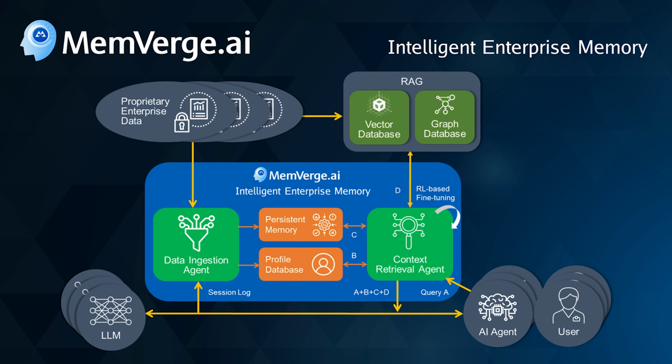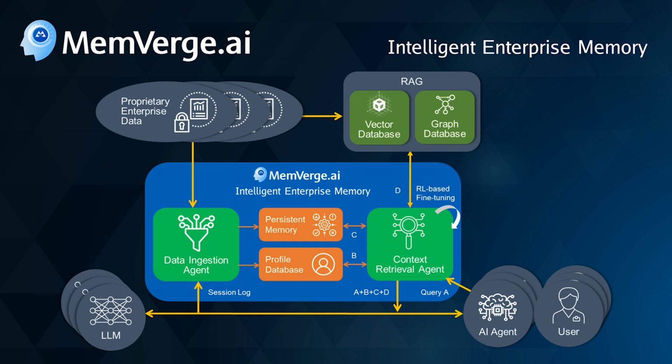It will also retrieve the right data from the RAG system. And it will put all this data, A plus B plus C plus D, into the prompt context to be sent to the model, in order for the model to provide the best answers back to the agents and to the users. So this is, in essence, how it works.